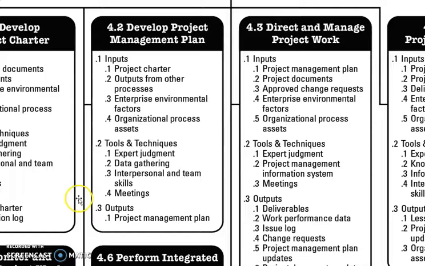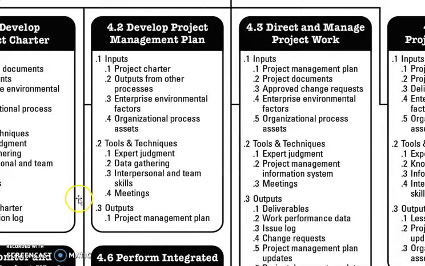Next one is direct and manage project work. Again the inputs: the project management plan, which was the output of the previous process, develop project management plan. Then project documents. There are various project documents available along with each process. When you complete the process of each knowledge area, you will get project related documents.